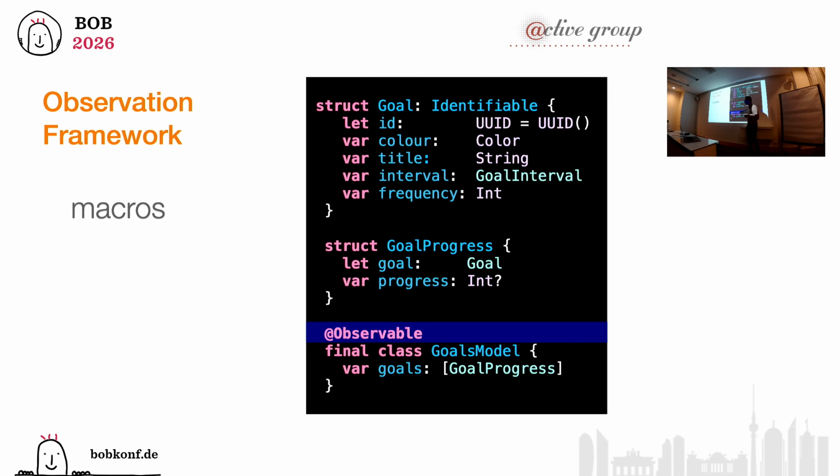And this is a macro which takes that class definition and rewrites it into an observable version of the class. That also works for larger classes, of course, and classes within classes and whatever you want to do. What it basically adds are hooks such that it can do dependency tracking whenever one of these body properties of the views is executed.